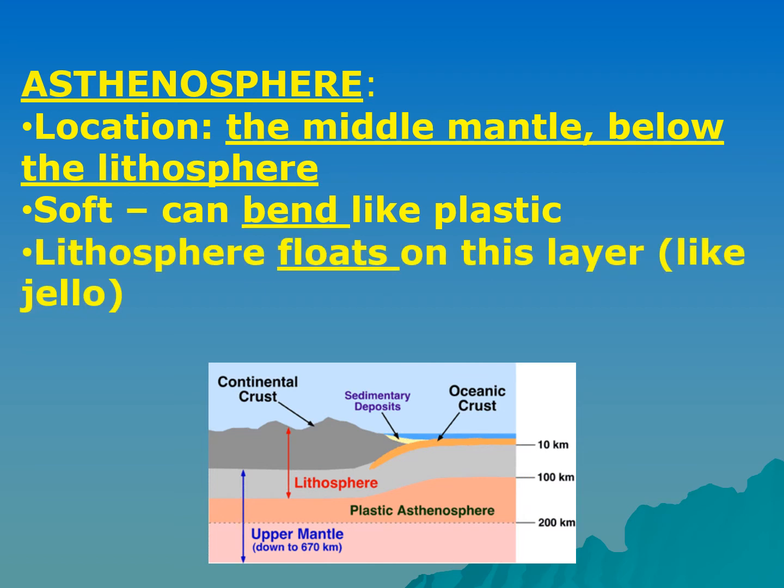The lithosphere floats on this layer, just kind of like if you put a cookie on top of Jell-O and you shook it. And then finally, it's about 250 kilometers thick. And you can see we have the continental crust and the oceanic crust, which makes up the lithosphere and part of that upper mantle. And then we have the plastic-like, always moving asthenosphere.